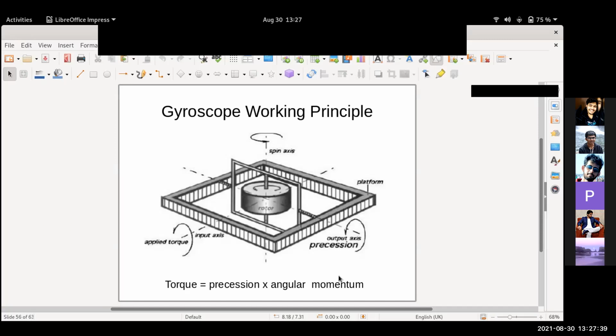This rotor is to be rotated. I'm open for questions. So this rotor is to be rotated constantly.